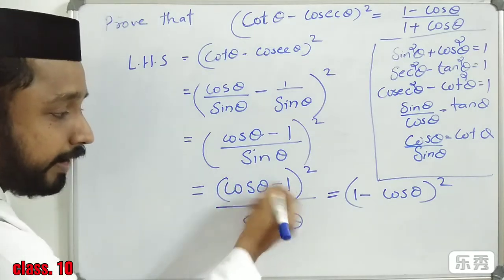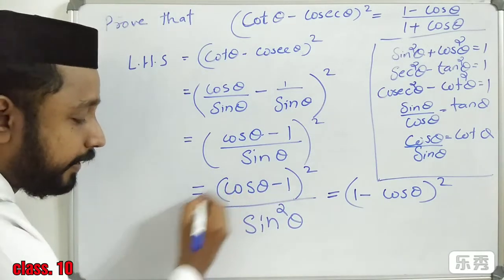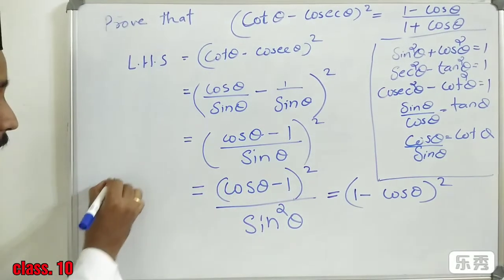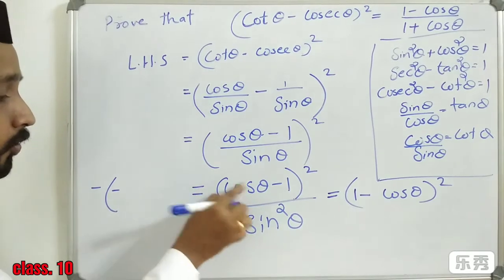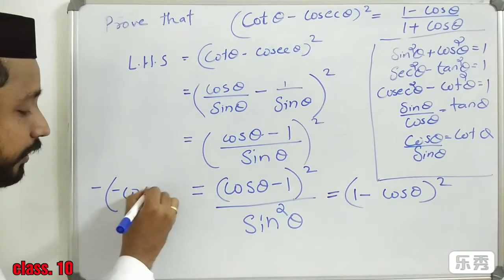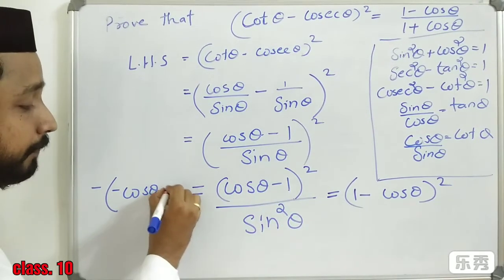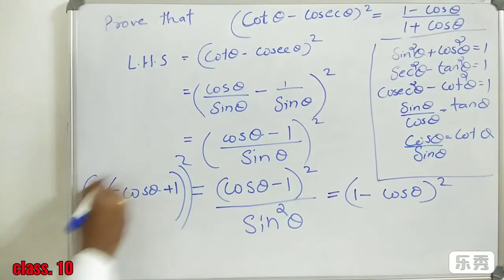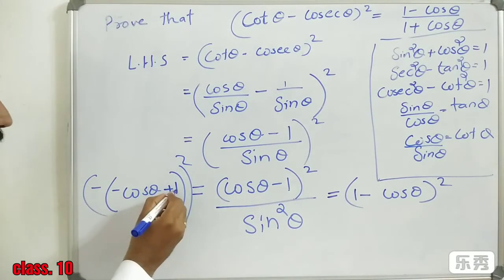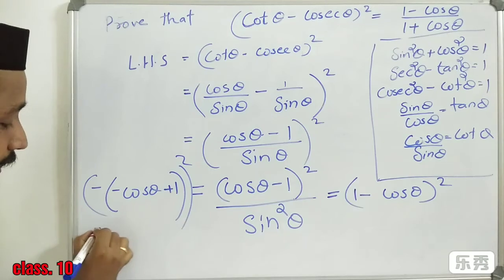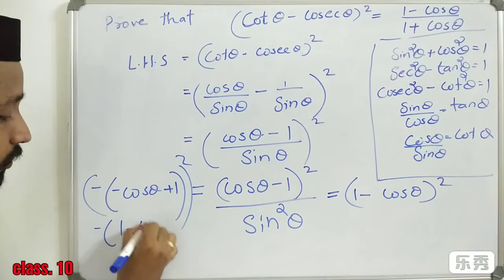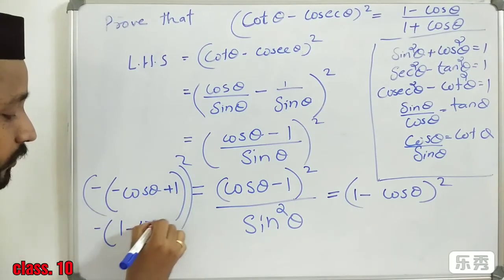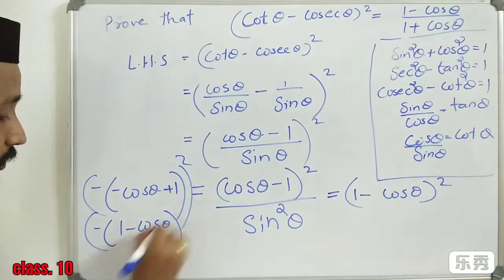When we take minus outside, plus cos theta will become minus cos theta, minus 1 will become plus 1, then all square. So we can say it is minus 1 minus cos theta all square.